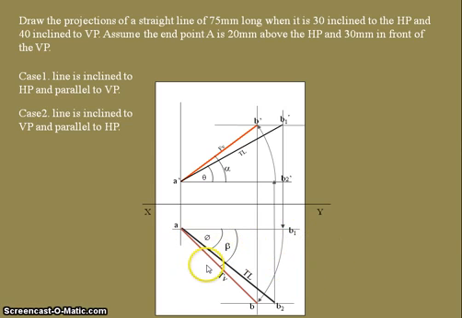Beta is the apparent angle which is made by the final top view with the reference line, that is XY. Remember that beta is the apparent angle made by the final top view with respect to the reference XY line, that is the horizontal line.